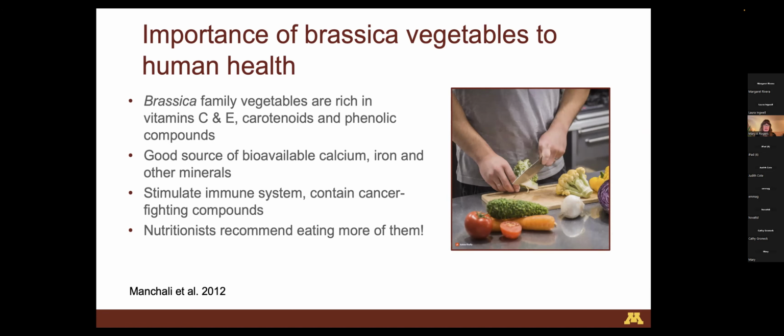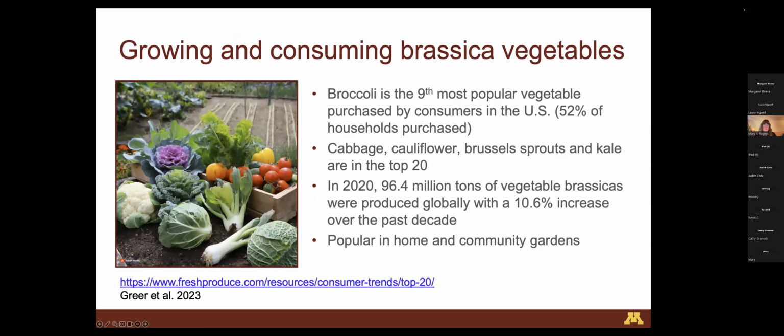And to be honest, data suggests that we're really not eating enough brassicas. Of the 10 most popular vegetables, broccoli ranks 9th. According to this study on consumer retail behaviors, only 52% of households purchased broccoli.